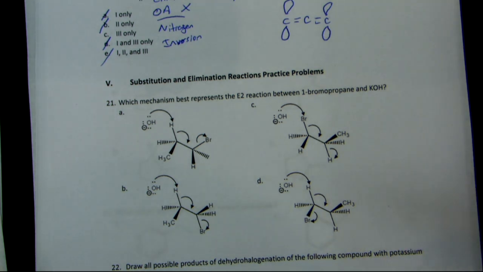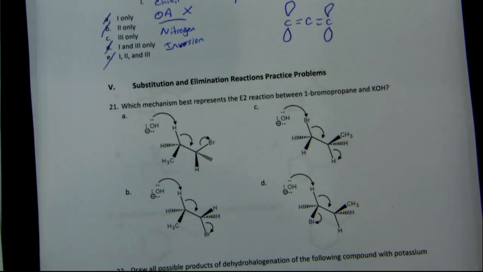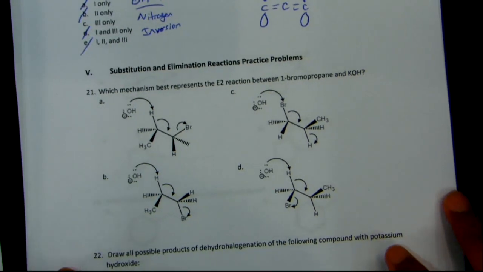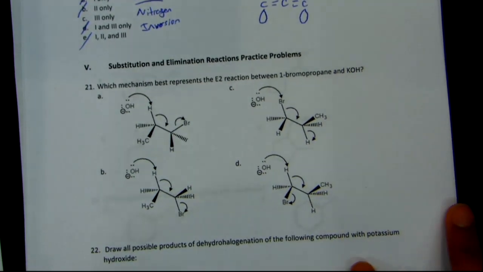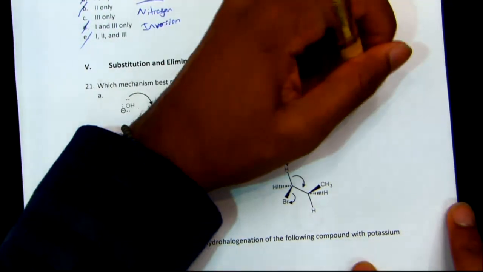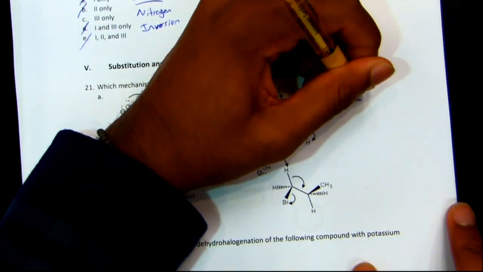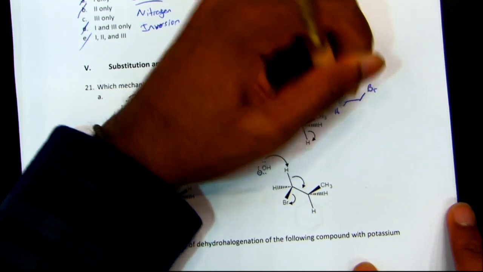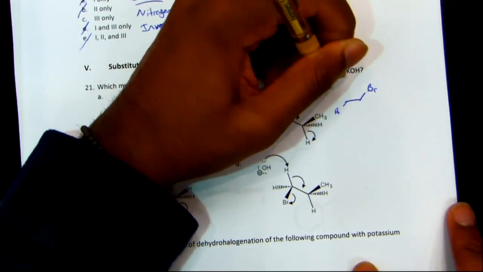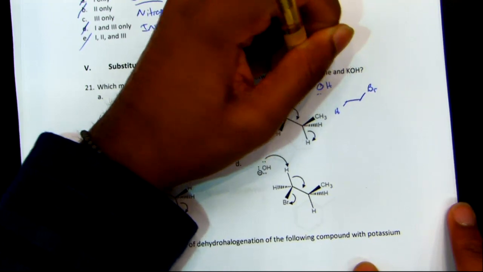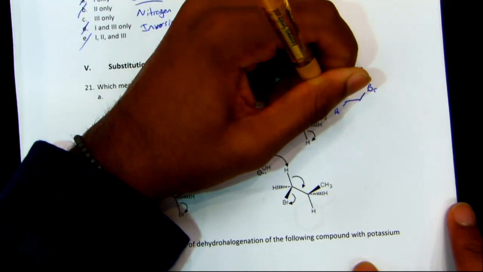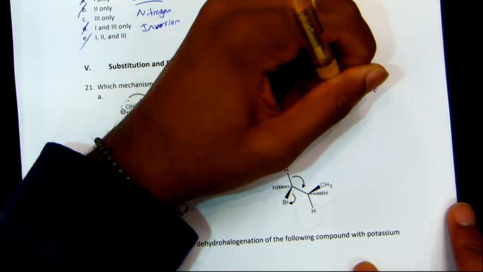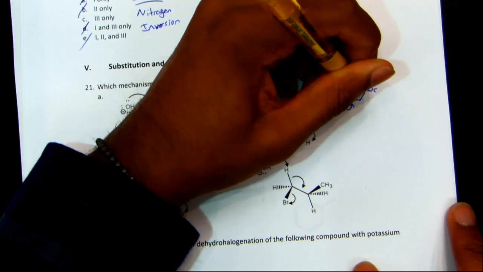Okay, so E2. This is a throwback to Orgo 1. The brief mechanism of an E2 reaction is if I had a bromine, a hydrogen, and then an OH group, I take away my hydrogen, this turns into a double bond and then kicks the bromine out.